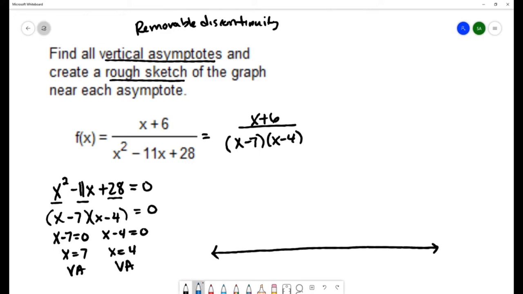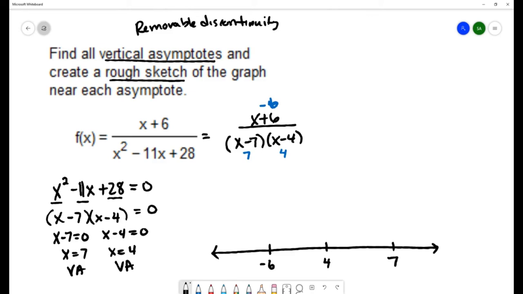We already got the zeros for the denominator, 7 and 4, but we also want to use the zero from the numerator, which is -6. We put those numbers on the number line: -6, 4, and 7, making sure to put them in order from smallest to largest, because our number line goes from left to right, smallest to largest.